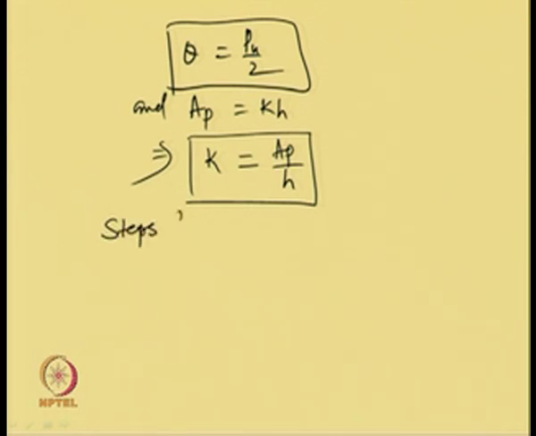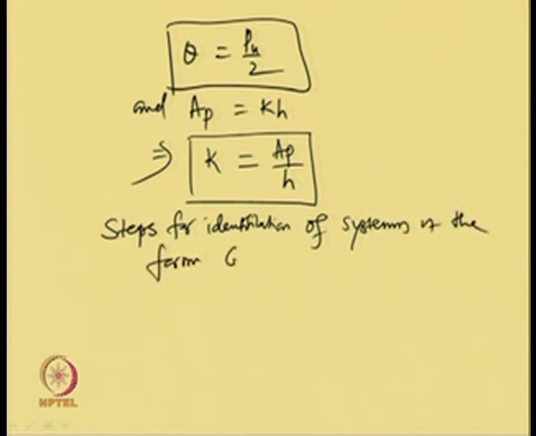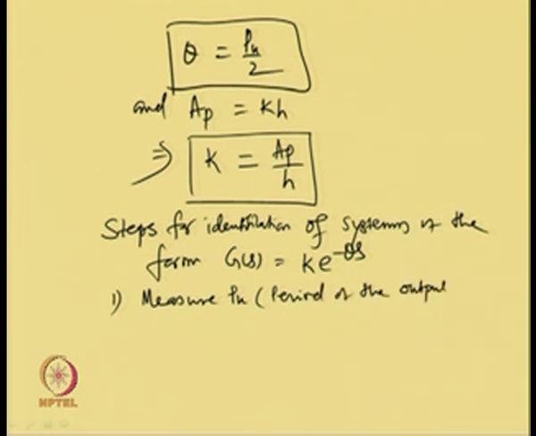The steps for identification of systems of the form G(s) equal to k e to the power minus theta s: measure Pu, the period of the output signal, then estimate one unknown of the model, theta, using this expression.